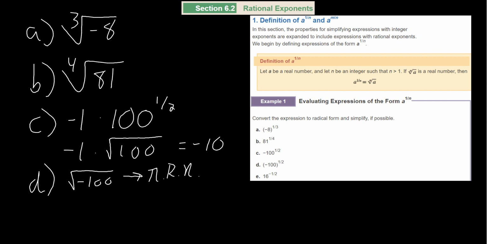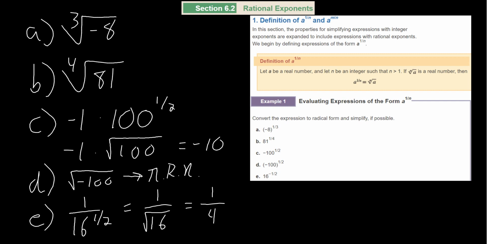And then E is 16 raised to the negative 1/2 power. We learned previously that a negative exponent can be rewritten as 1 over 16 raised to the 1/2 power. The 1/2 power is the square root, so we have 1 over the square root of 16, which is 1 over 4, so 1/4.